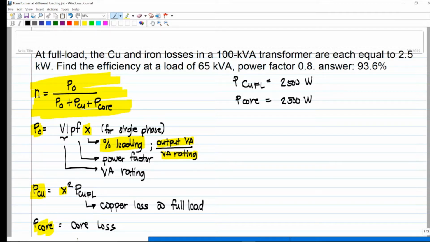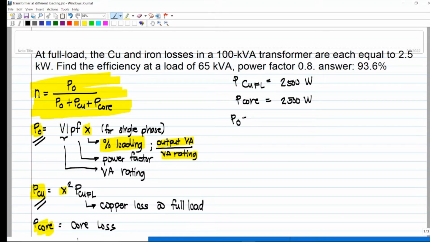Find the efficiency at a load of 65 kVA, power factor of 0.8. So, nagpasolve siya ng efficiency. Para masolve natin yung efficiency, dapat meron tayong PO, P-copper, and P-core.